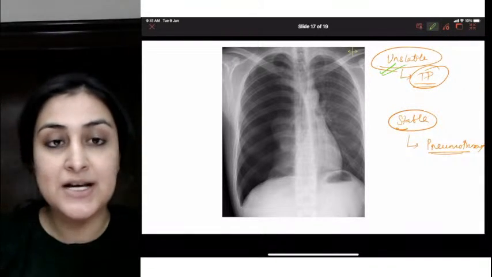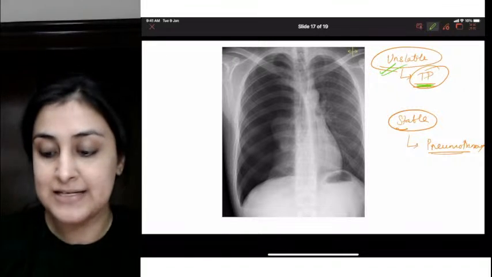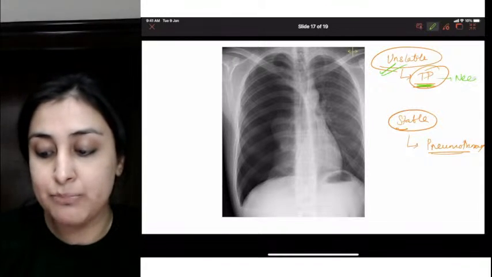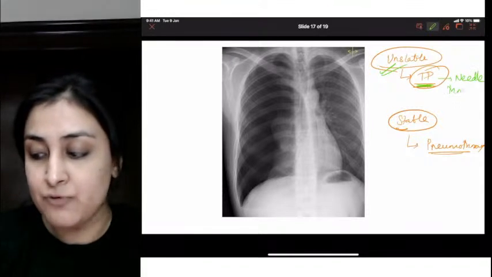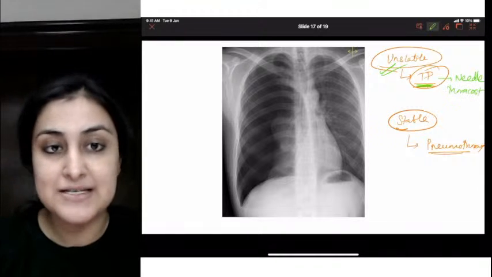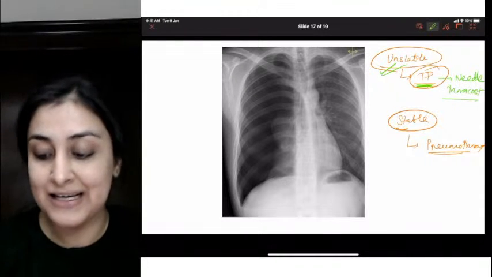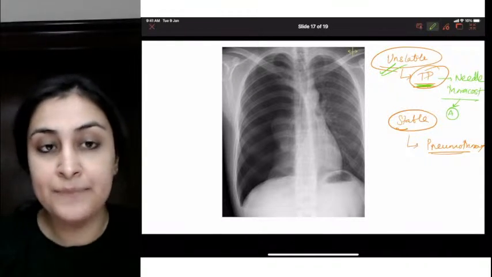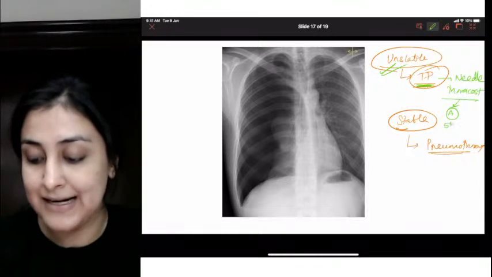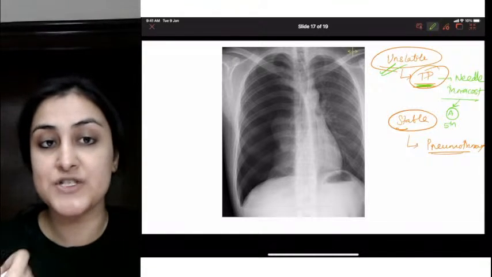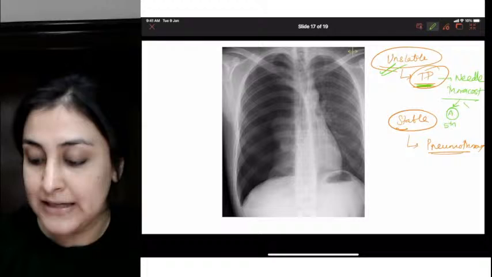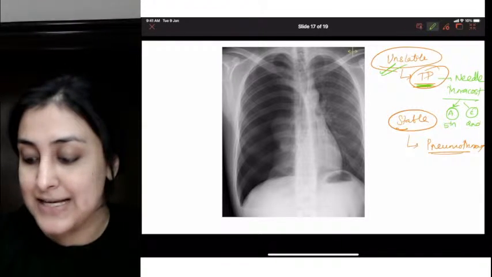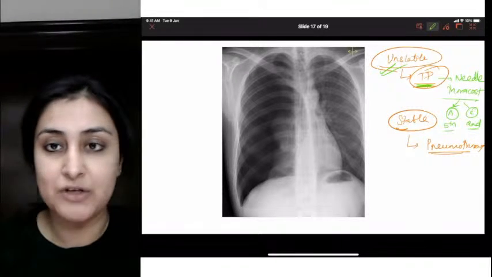How is it important? Does the management change? Absolutely. If the patient is unstable, tension pneumothorax, we need to immediately put in a needle. Next step would be needle thoracostomy, isn't it? So where will we put the needle? If it's an adult, according to the 10th ATLS guidelines, put it in the 5th intercostal space, mid-clavicular line. If it's a child, put it in the 2nd intercostal space, mid-clavicular line.